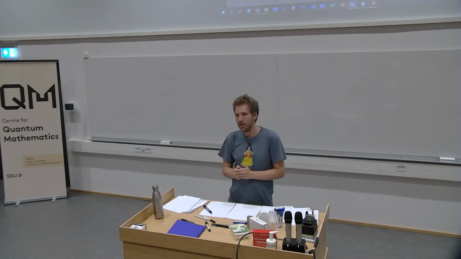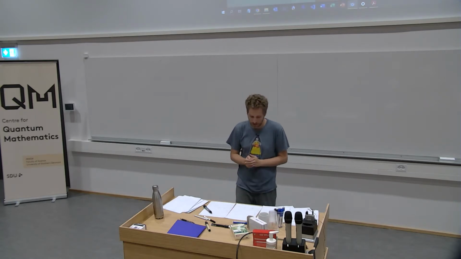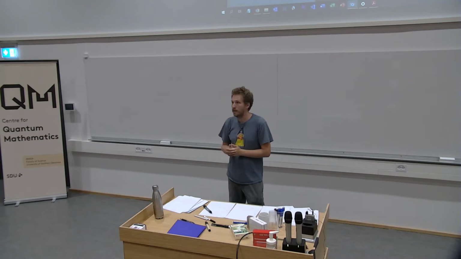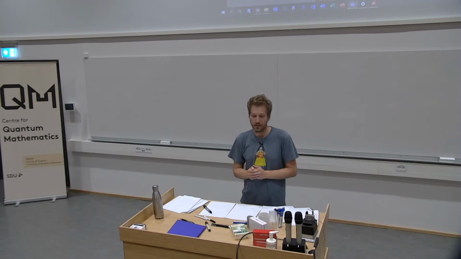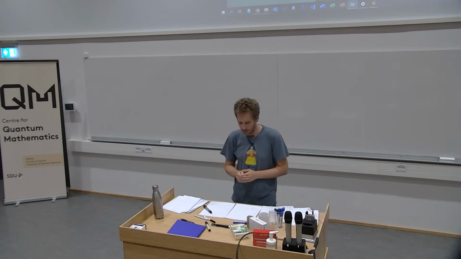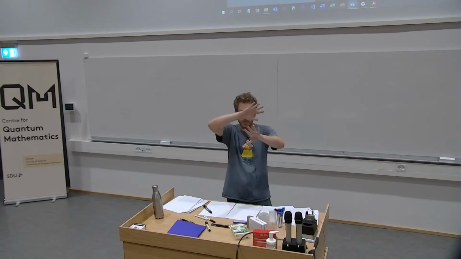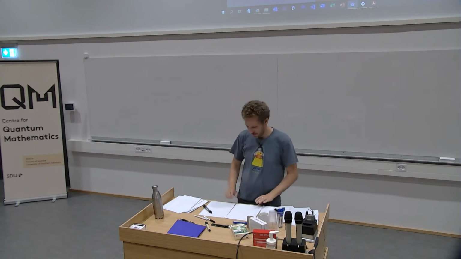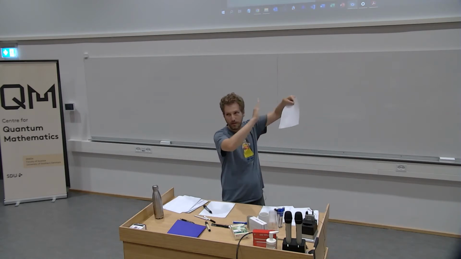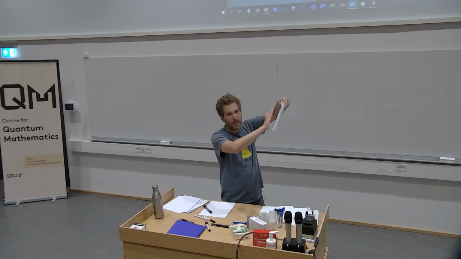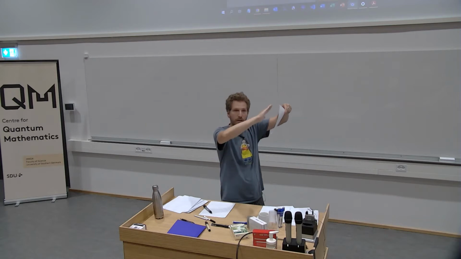What you do is you think about a knot or a link in 3 dimensions, and you want to visualize it. So you take your knot or link, you take a sheet of paper, and you project it on it. You keep track of crossings, whether you have an over or an under crossing.